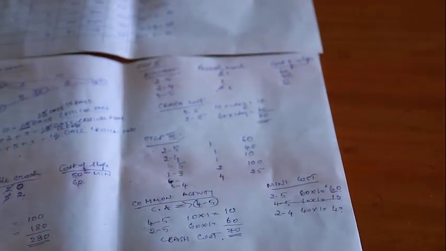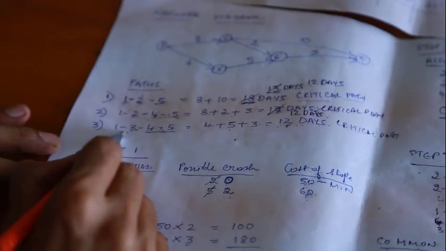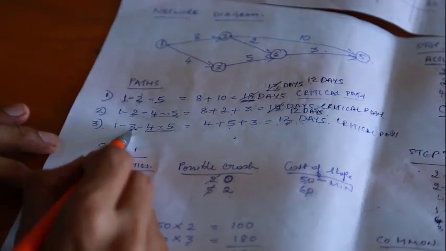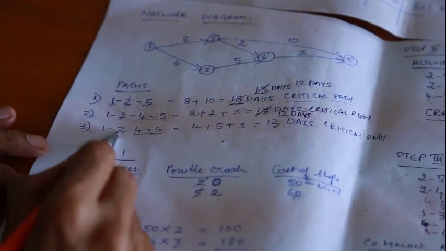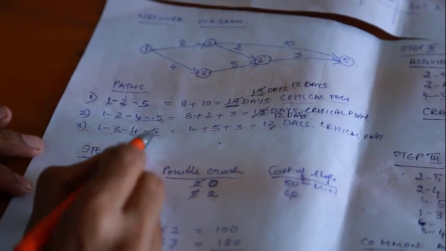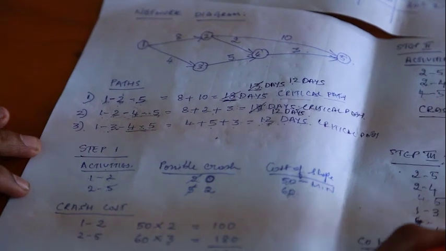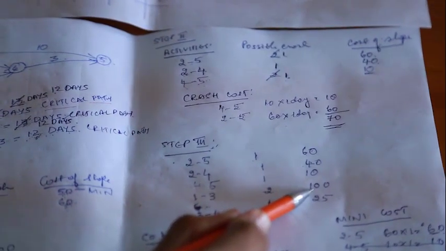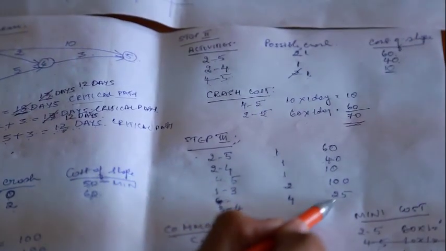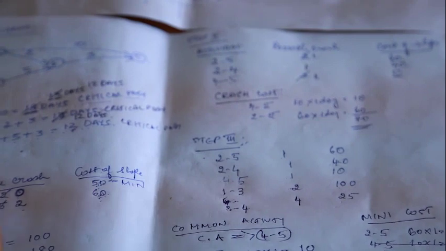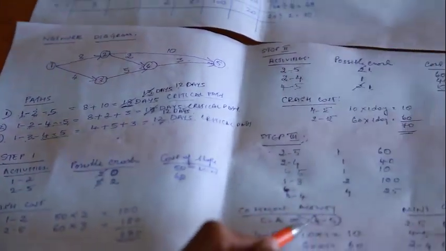So one activity is crashed here in one of the paths. So now it is 11 days. Next path, any one of the activities has to be crashed. Either it is 1 to 3 or 3 to 4 or 4 to 5, the least cost. 1 to 3 has got 100 rupees. 3 to 4 has got 25 rupees. 4 to 5 cannot be taken because it is our common activity.